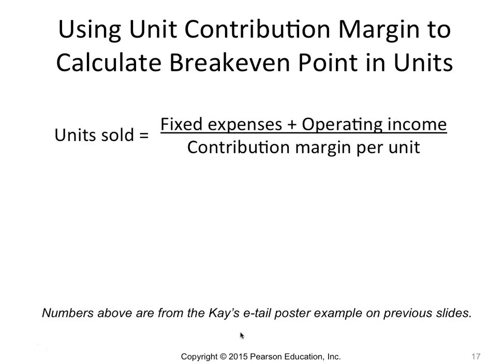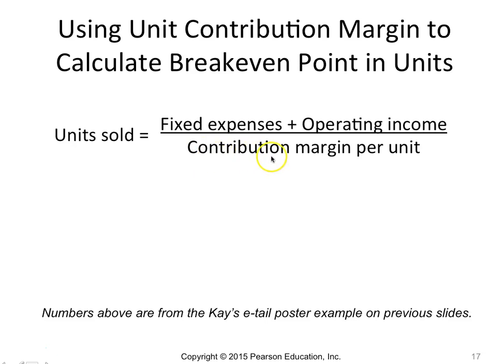So now we're going to use unit contribution margin to calculate break-even point in units. Units sold equals fixed expenses plus operating income divided by contribution margin per unit. How do we get to this one here? We're looking for how many units have been sold, and units sold is the same as the volume.